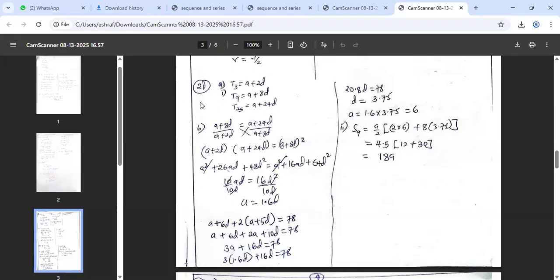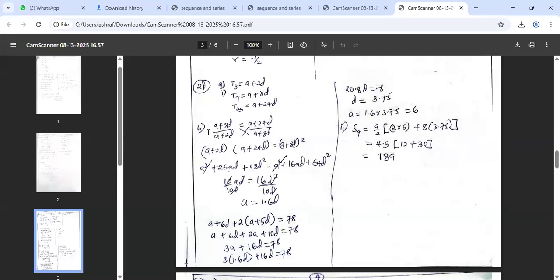So in the second part, we are told that these three form the first three consecutive terms of a GP. So you just write the expressions for R for a GP. The expression will be the second term over the first, that is A plus 8D over A plus 2D, which will be equal to the third term over the second, that is A plus 24D over A plus 8D.